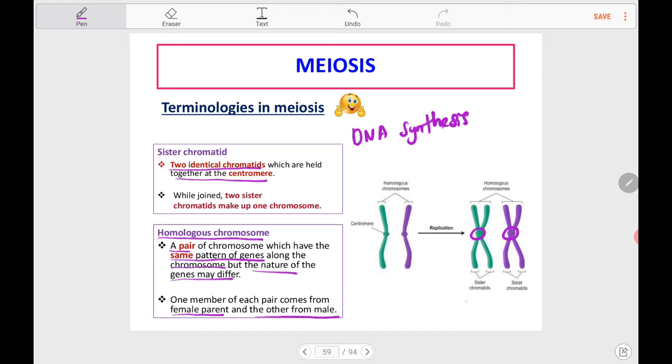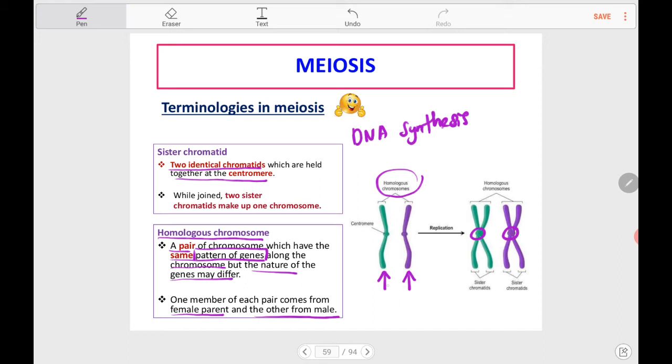So in this diagram, we can see that each chromosome has its pair. Satu kromosom akan ada pasangan dia yang kita panggil sebagai homologous. Kenapa ada dua kromosom yang mempunyai pattern gene yang lebih kurang sama adalah sebab each of these chromosomes came from each parent.